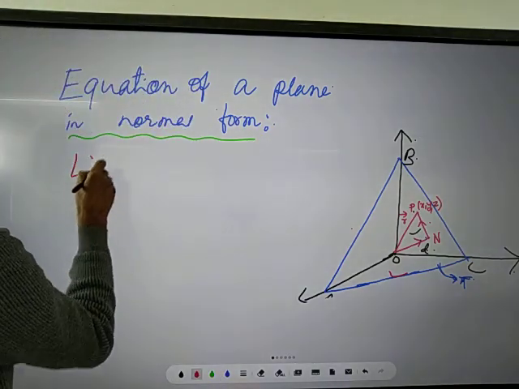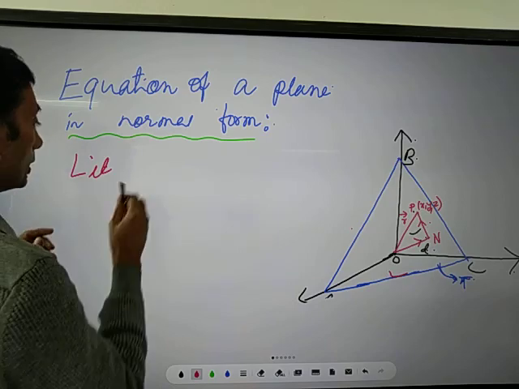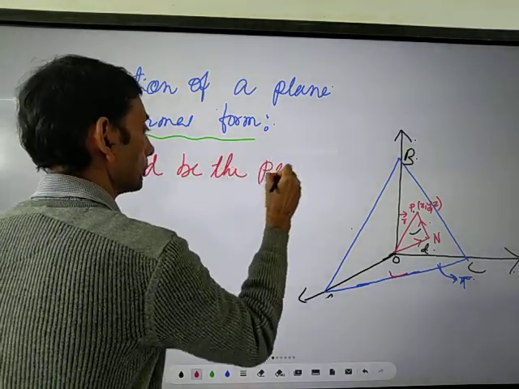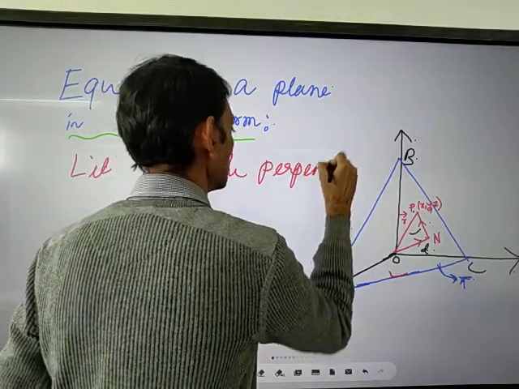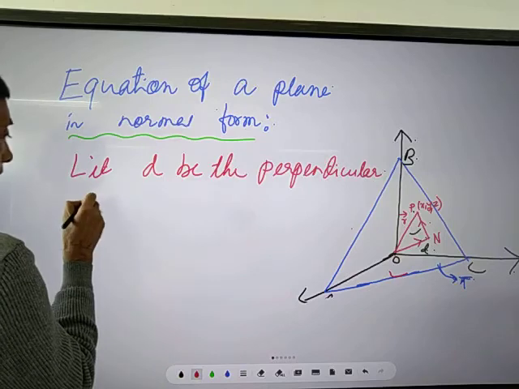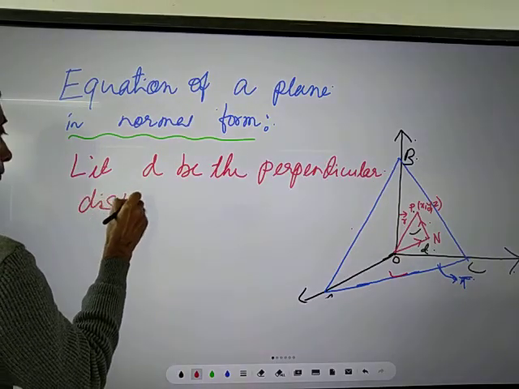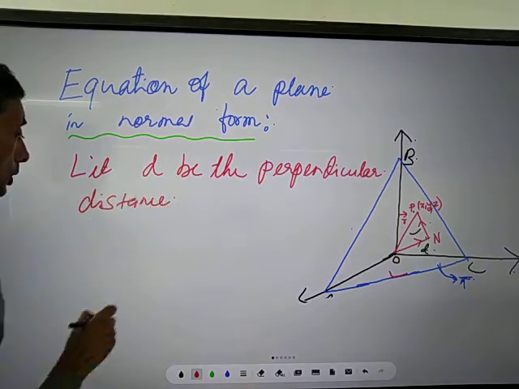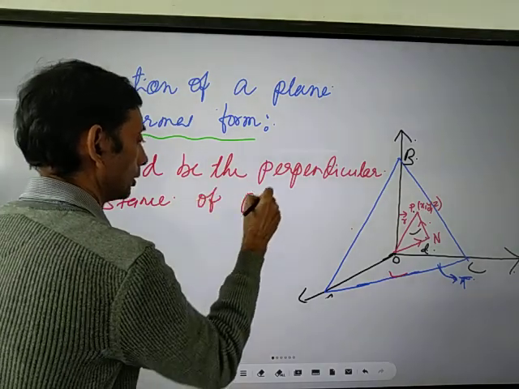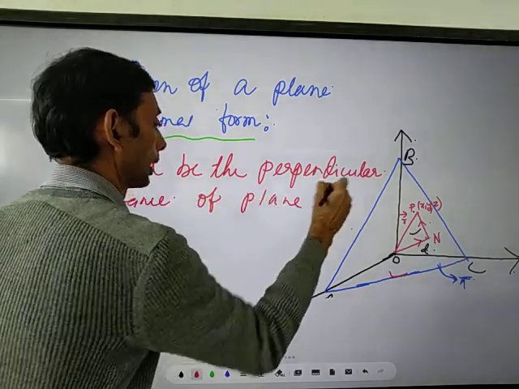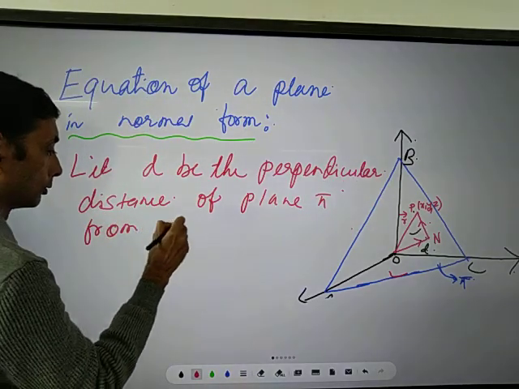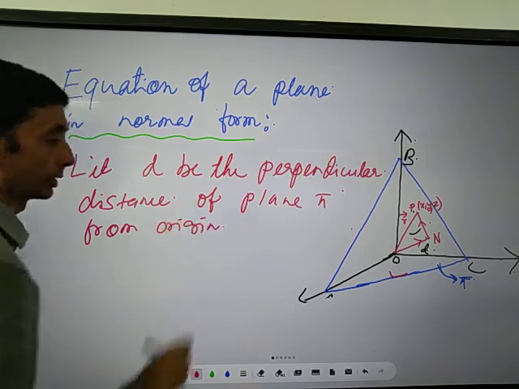Let D be the perpendicular distance of plane pi from origin.